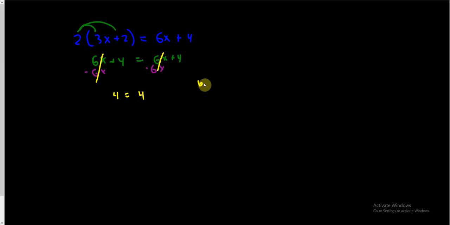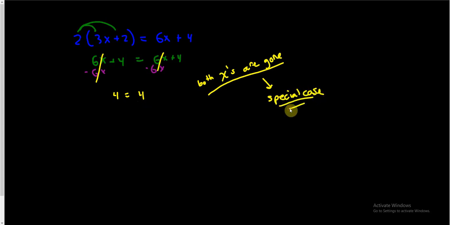Both x's are gone. Or basically, I could say all my variables, they've disappeared on me. Okay? When your x's are gone, this is a special case. All right, and there's two special cases.